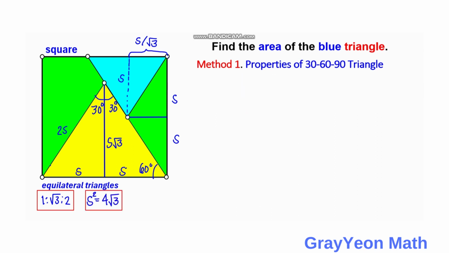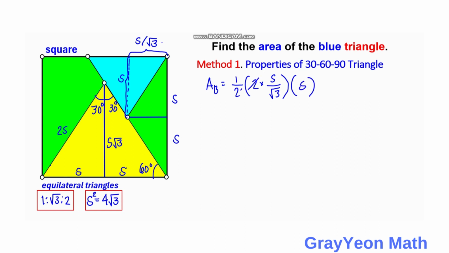Next, we focus on the blue triangle, the unknown area. The area of the blue, let's call this A sub B, is equal to 1 half times the base. Half of the base is s over square root of 3, so we multiply that by 2. That is the base, times the height, which is s.